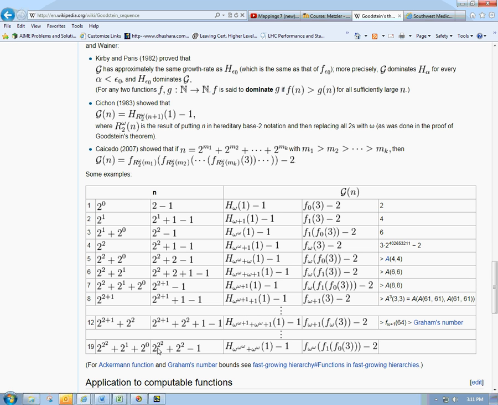Here you can see 2 to the 2 plus 1 basically gets replaced by omega to the omega plus 1. 2 to the 2, omega to the omega. So it's that same idea of ordinal replacement, taking anything in the base and replacing it by omega. Here, when you get up to 19, 2 to the 2 to the 2 gets replaced by omega to the omega to the omega.